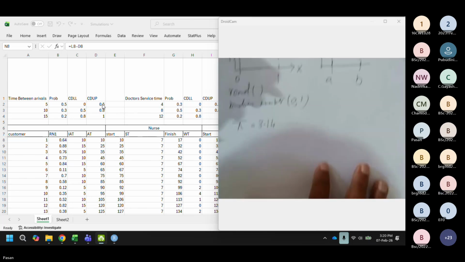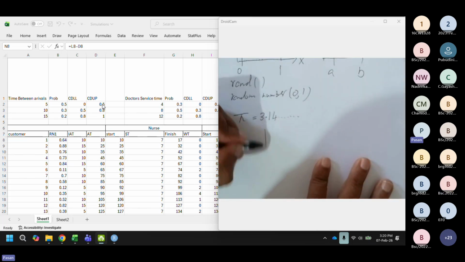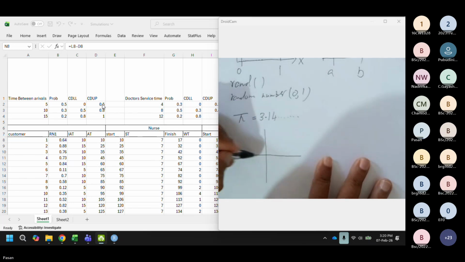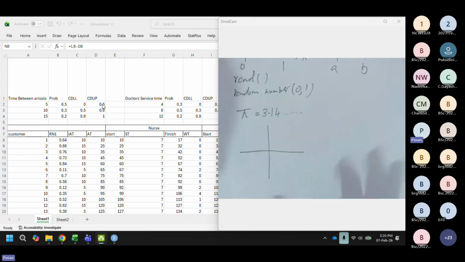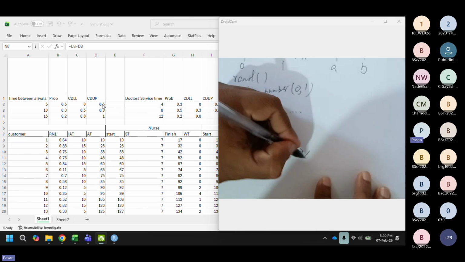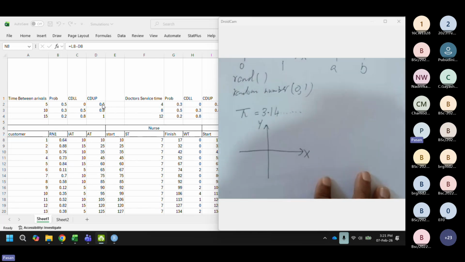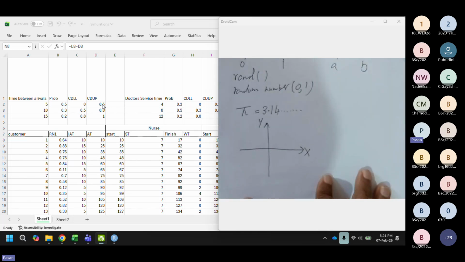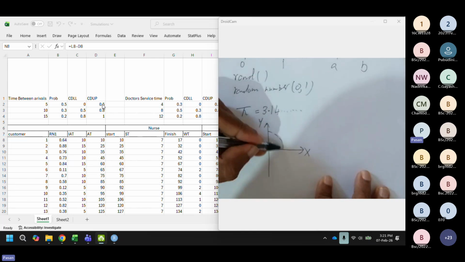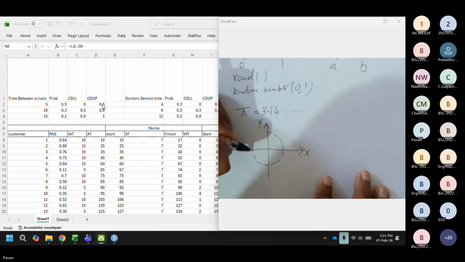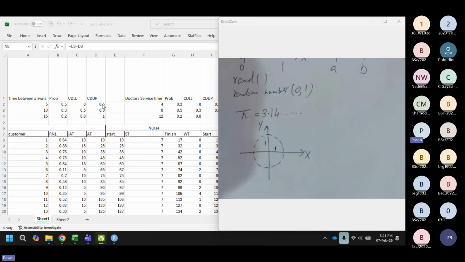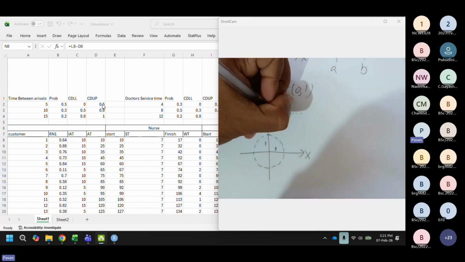Now I can look at that. If we take two dimensions, I can take the x and y plane, right? And in the two dimensions, I can draw a circle like this, a circle with radius 1, right?